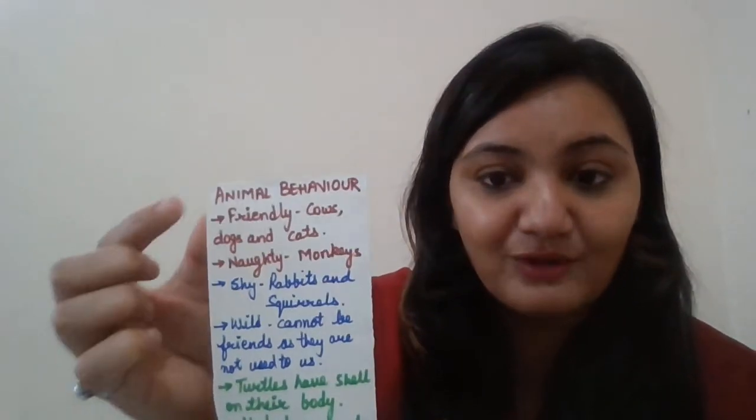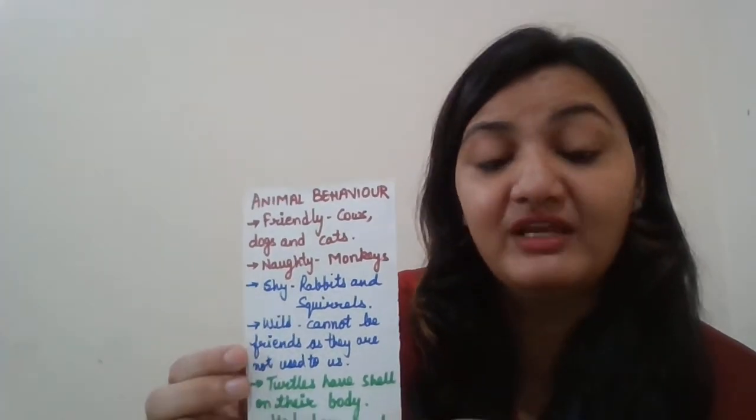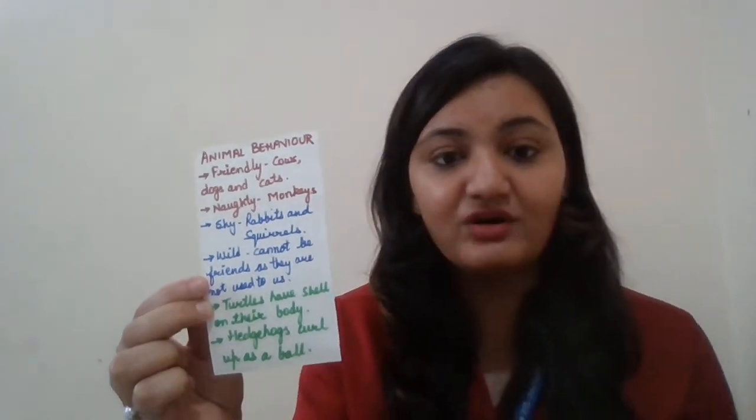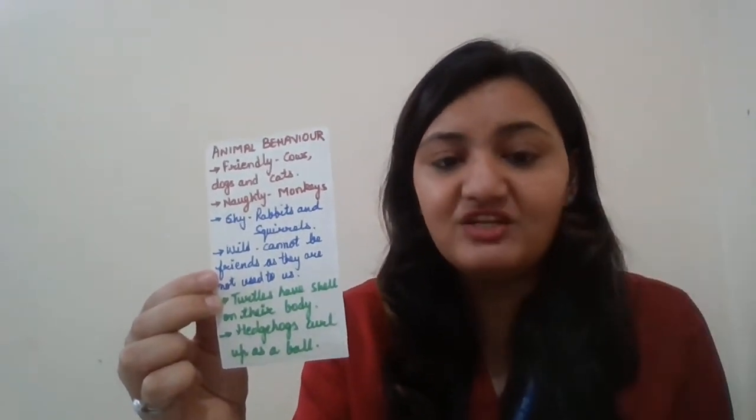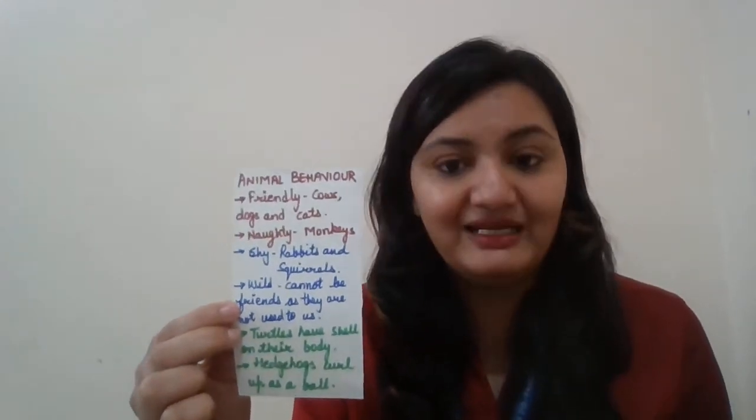They use their body language and their body parts to express what they're going through, right? So my next slide is talking about animal behavior. There are many friendly animals like dogs, cows, and cats, and that is the reason dogs and cats are seen in our neighborhood and even in our own house, because they are so friendly to us.